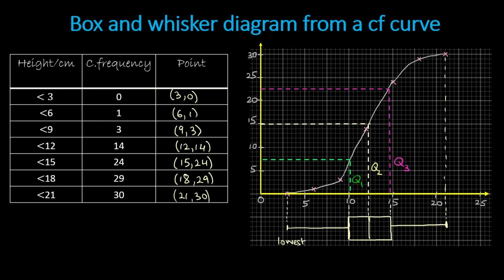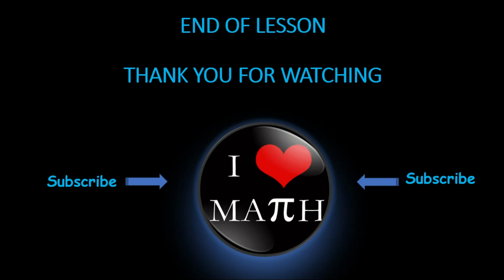So here we are. So this is the highest value. Right? And the box, you have the lower quartile, the median, and the upper quartile. Right? Simply you extrapolate the values vertically down, then you complete your box and whisker diagram. Right? So this is the end of this second session.